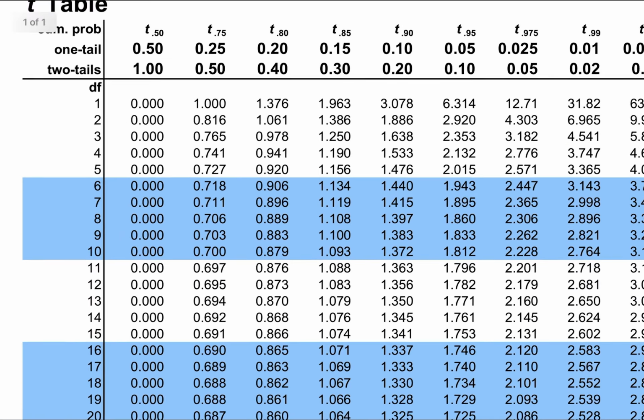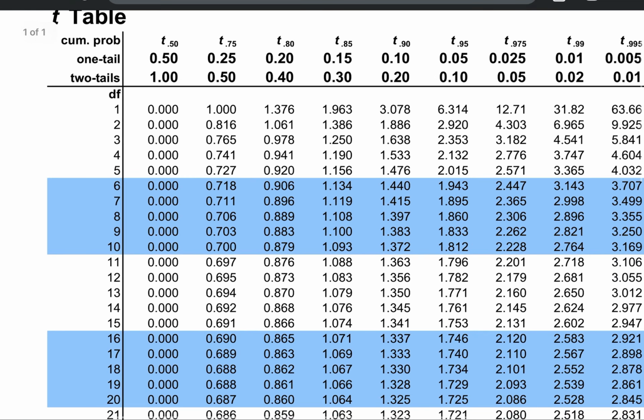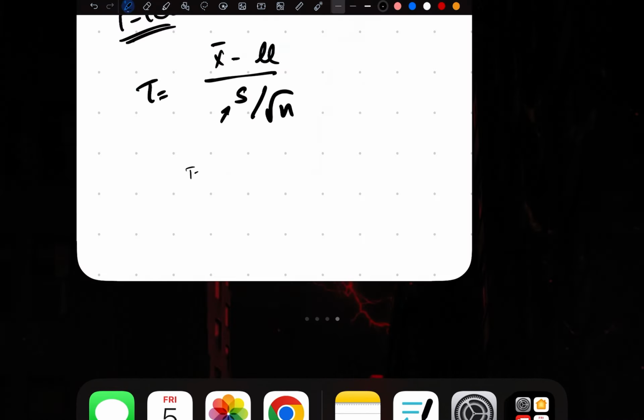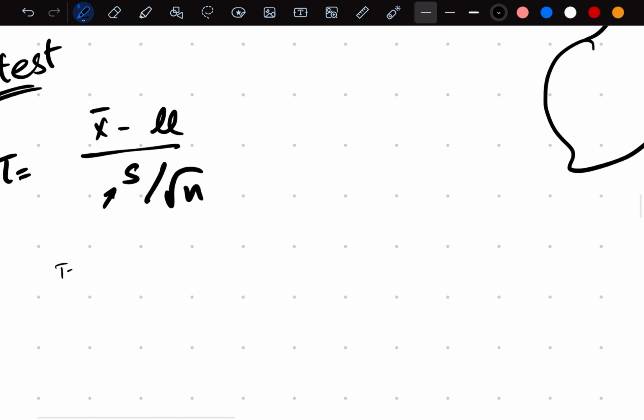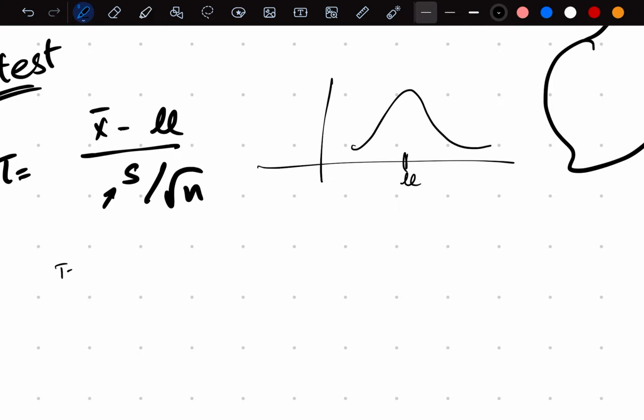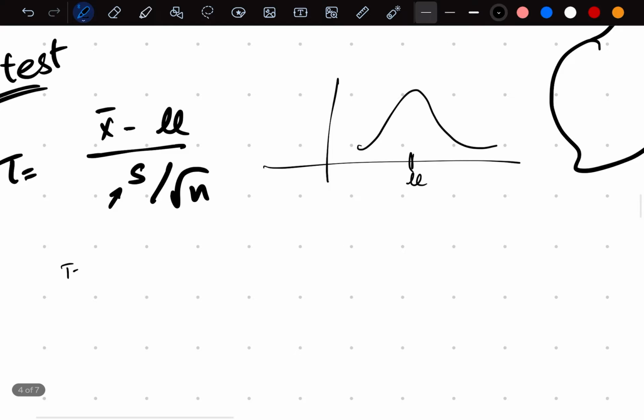So most of the time we'll be having two tails or one tail. Two tail is nothing but whenever you have the mean of the population and the sample population is either above or below.